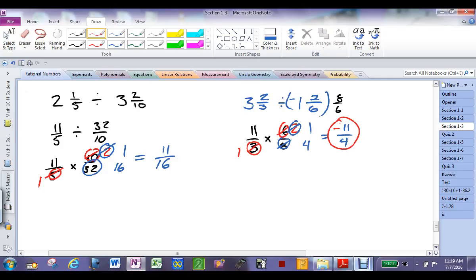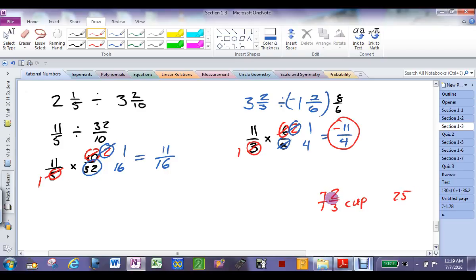Cool? Now, of course, I would like to show you the one time in your real life that you will actually divide fractions, and it's cooking. If I got a recipe that calls for 7 2/3 of a cup of something, and that's how much I need to make enough food for 25 people, but I only have 5 people in my family, what do I got to do to this?